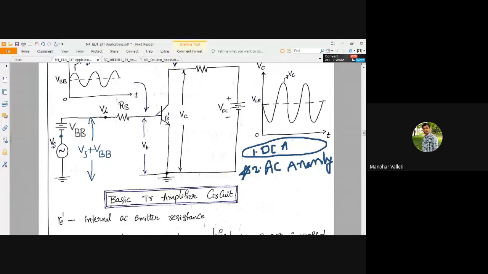That forward biased junction is replaced with a forward resistance, that is the AC forward resistance, RE dash. That is the dynamic resistance of the emitter base junction.